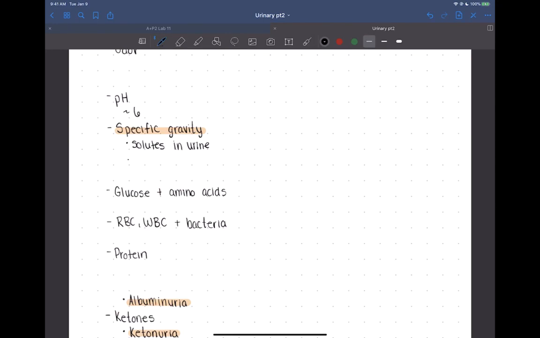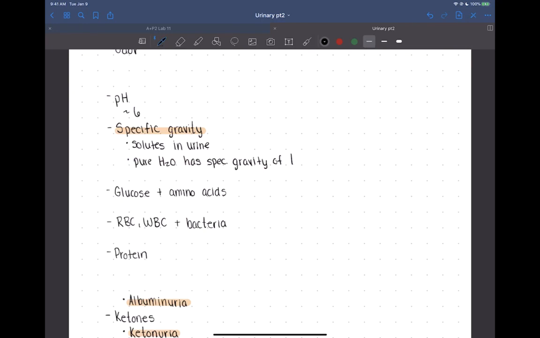So, for example, pure water, deionized water, just only H2O molecules, has a specific gravity of 1. A specific gravity of 1 means there are no solutes at all present.